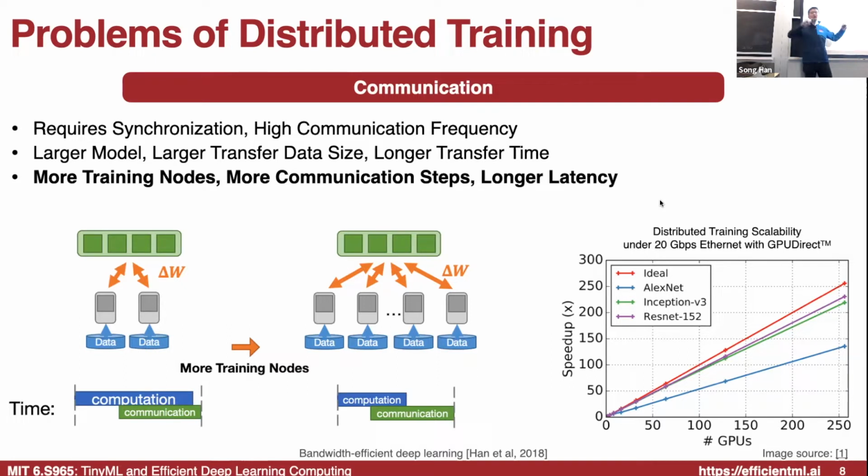We do a lot of communication, but just a little bit of computation. Therefore, the scalability will be bottlenecked when you have a large number of nodes. All the time is spent on communication across 250 GPUs. So when we are designing the model, we should try to design a model which has a smaller model size, so that we have smaller gradients. That will reduce the communication bandwidth requirements.